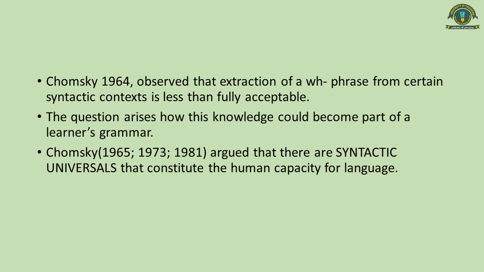The question arises how this knowledge could become part of the learner's grammar. Chomsky argued that there are syntactic universals that constitute the human capacity for language. But Emonds proposed that all transformations except those that apply to the highest level of the structures are assumed to be structure preserving.